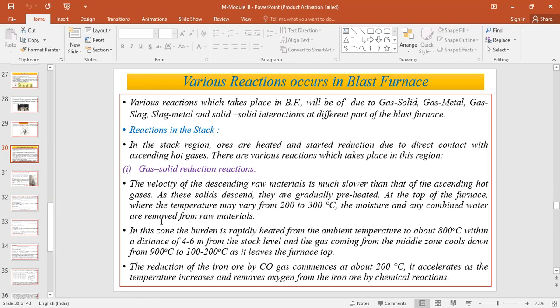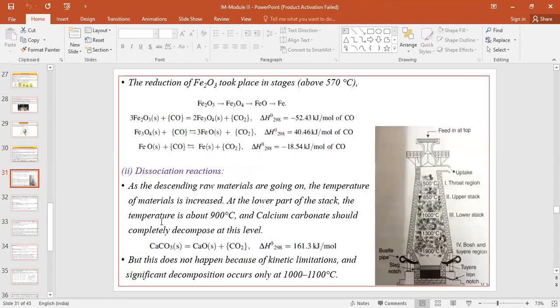Then the reduction of the iron bearing material by CO basically starts, and there is heat transfer between the gas and the solid, because the reducing gas is carrying a good amount of heat. This heat is transferred to the iron bearing material, followed by solid state chemical reactions inside the blast furnace.